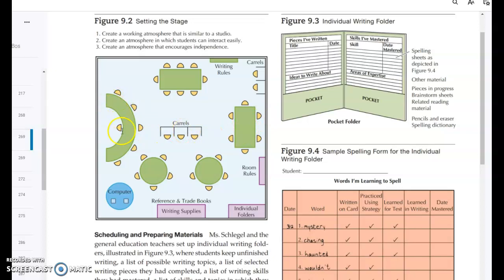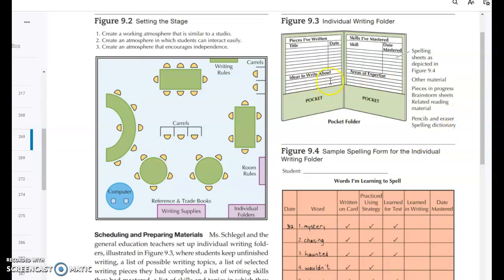There might be a U-shaped or kidney-shaped table where you can do some small group instruction in writing. They might have access to computers. There might be a whole set of bookshelves of writing supplies, and some folders, stuff like that. So think about how you can create this stage or studio-like atmosphere when you are teaching the writing process.